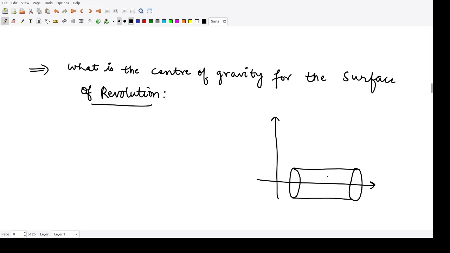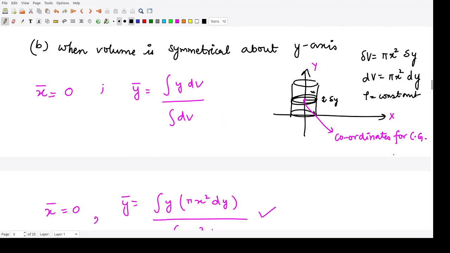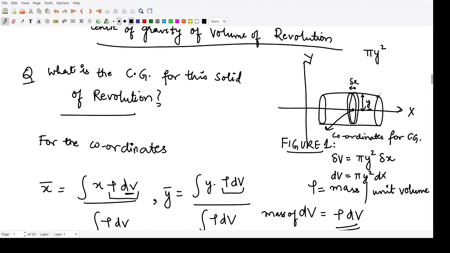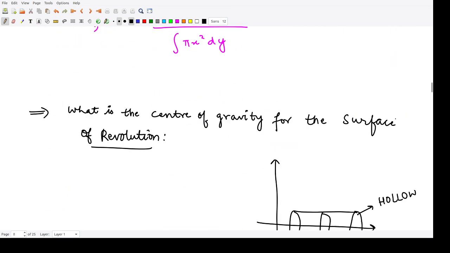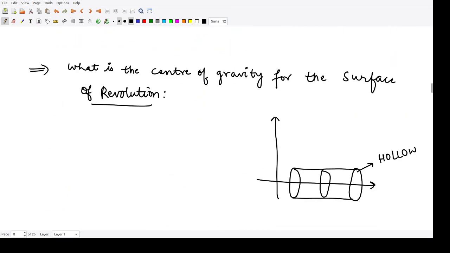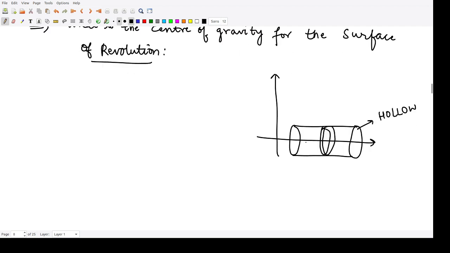So in this case, we again consider, now in this case, this is hollow. And in the previous case, we assumed that this was filled. So we talked about its volume, we now talk about its surface area. So in this case, we consider this to be a hollow object. Now we will talk about the surface area for this.